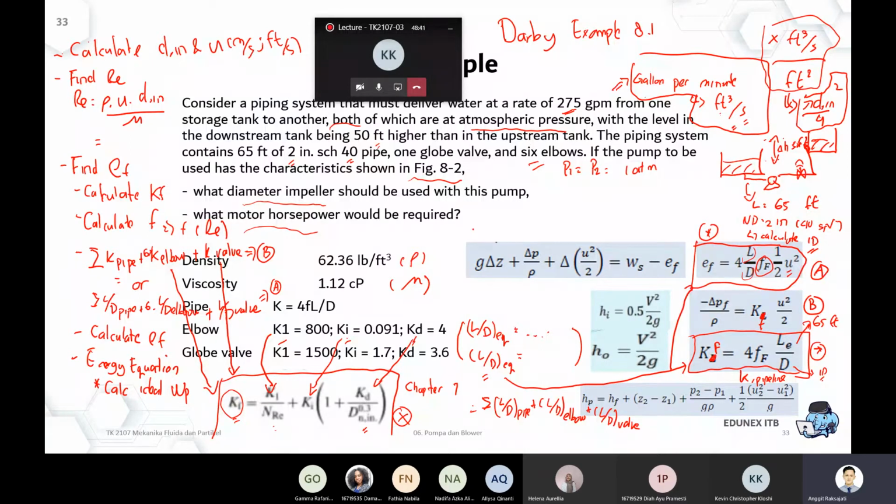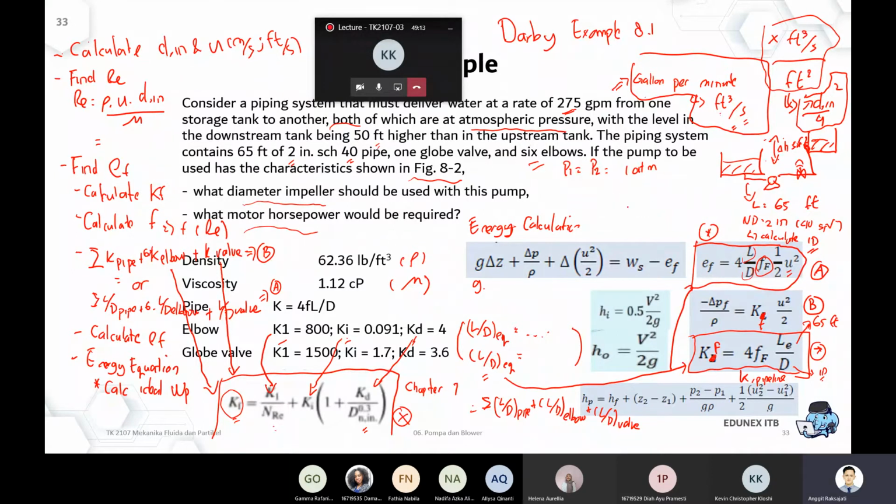As you can see, this is the energy equation. So apart from the friction, everything is straightforward. Most of the time you will use your time to calculate the friction. For the elevation, straightforward. You have the delta Z as well. Initially, what you have is Z1, so that becomes minus Z2.